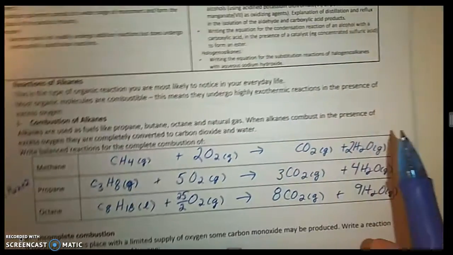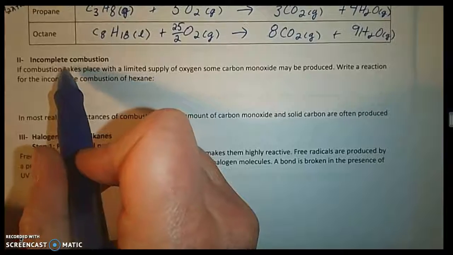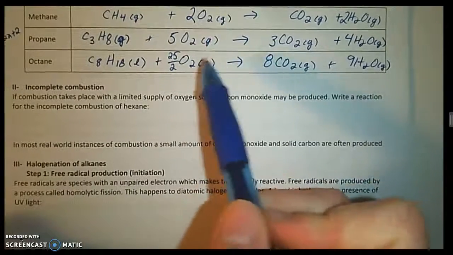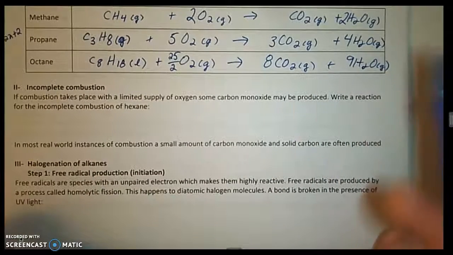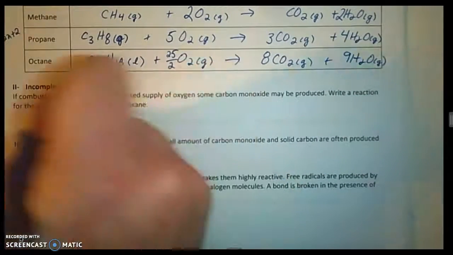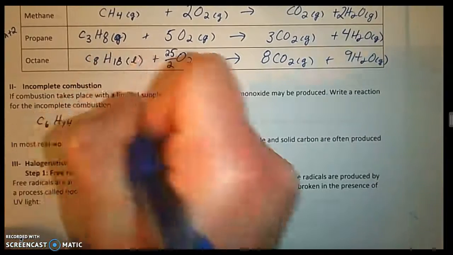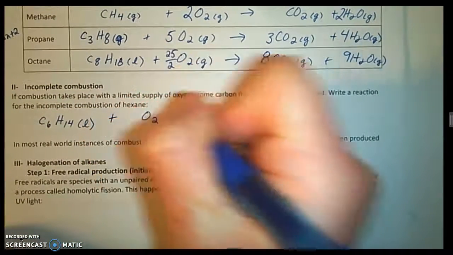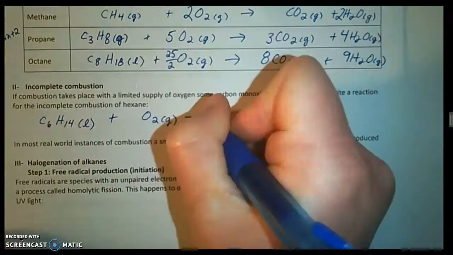One other thing you should be familiar with, not so much with the balancing, but just with the concept, is incomplete combustion. Okay? Incomplete combustion is what happens when you don't have sufficient oxygen for the combustion to make only carbon dioxide and water. So if I was to look at something like hexane here, that's C6H14, which is a liquid under standard conditions, and it combines with oxygen, but maybe not enough oxygen, then the combustion will be incomplete.